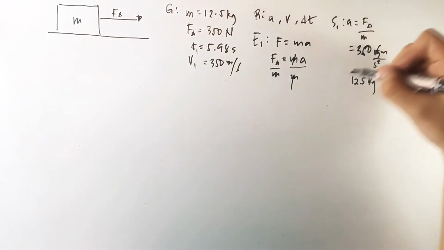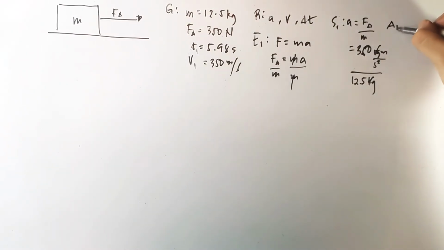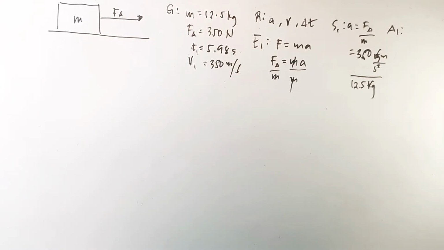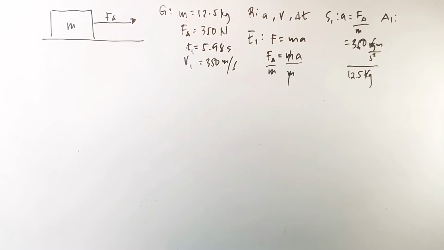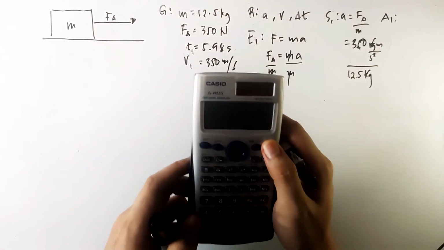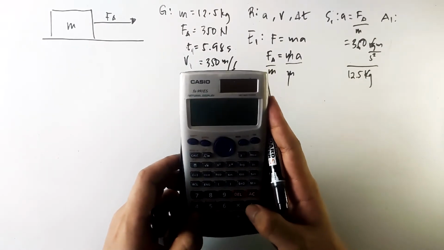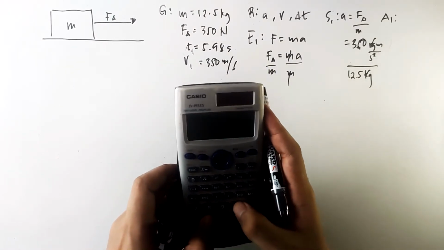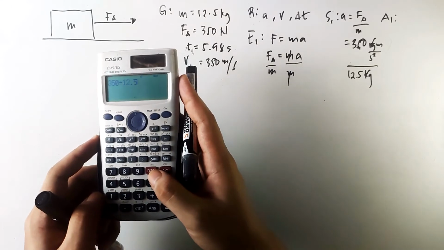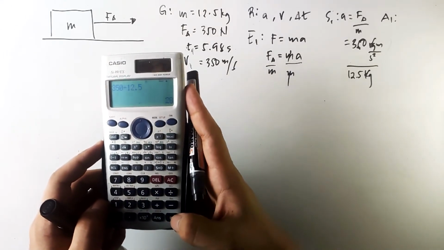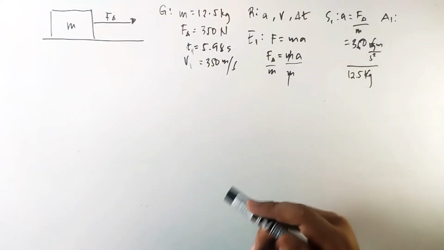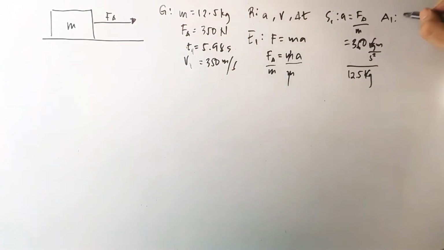So what's our answer? 350 divided by 12.5 is 28.